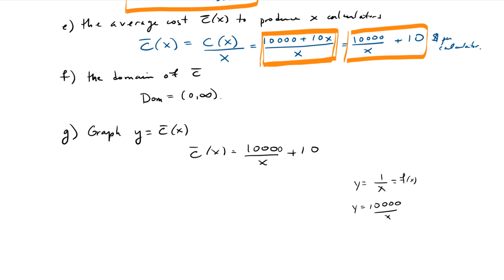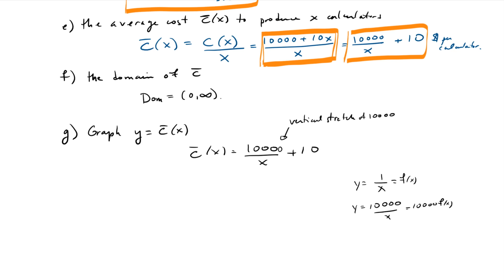This is actually 10,000 times f of x. So we've seen that if you multiply a function by a constant, you're stretching out the values of y vertically by that factor. So this is a vertical stretch of a magnitude of 10,000.